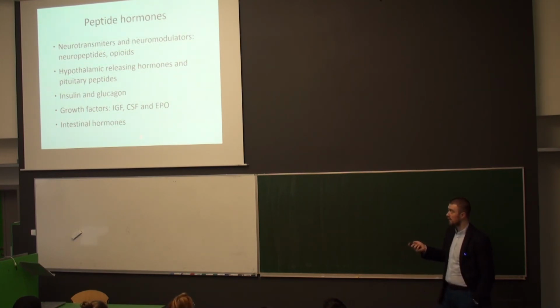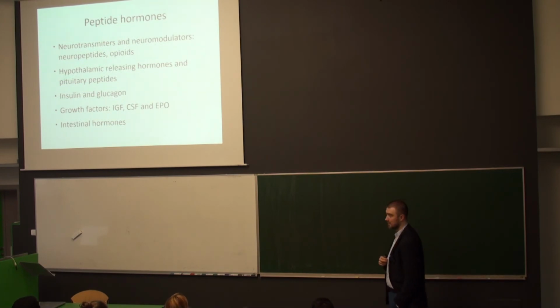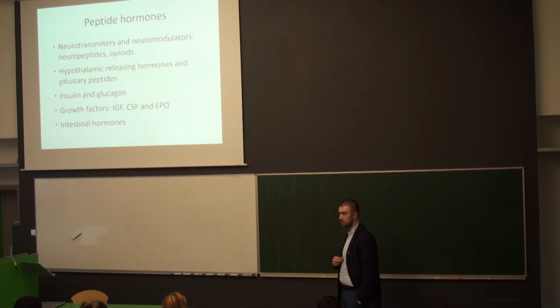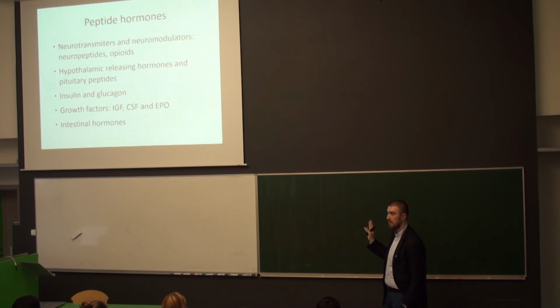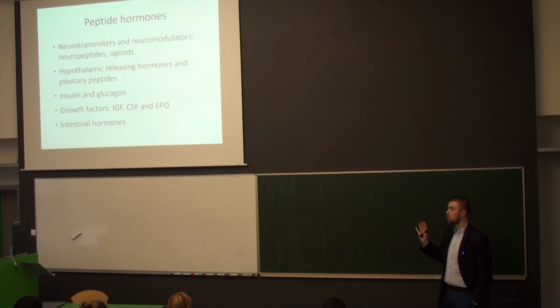And a very big group of intestinal hormones, for example gastrin or secretin, are typically also peptides. That means this group has a very big number of members, and of course we do not expect you to know all of them.